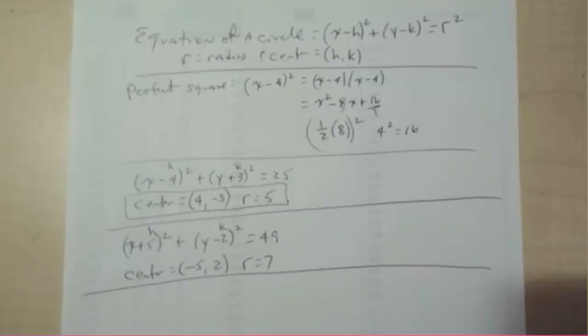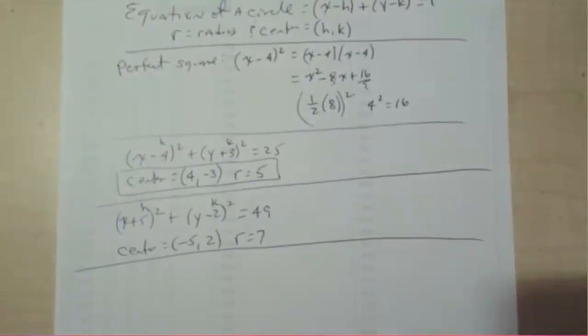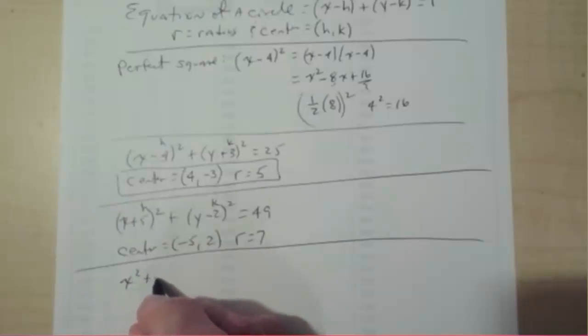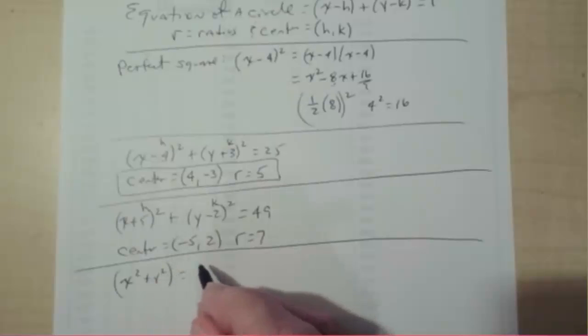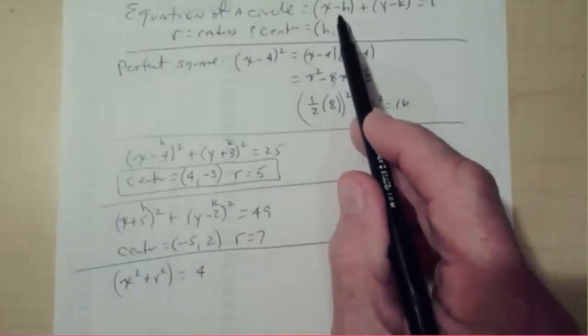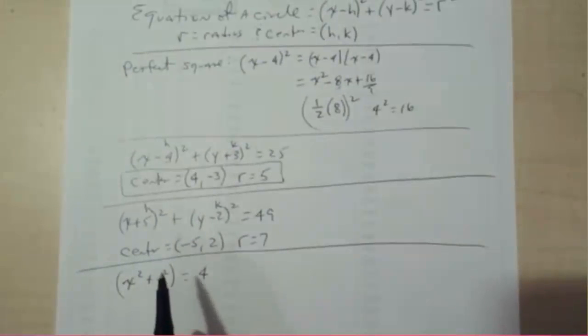Okay, get this if you're so smart. What if we have x squared plus y squared equals 4? So do we have x minus h? Yeah, we actually do.